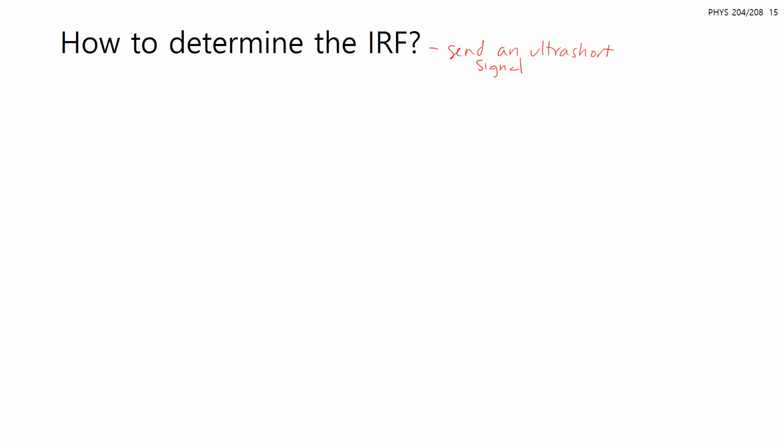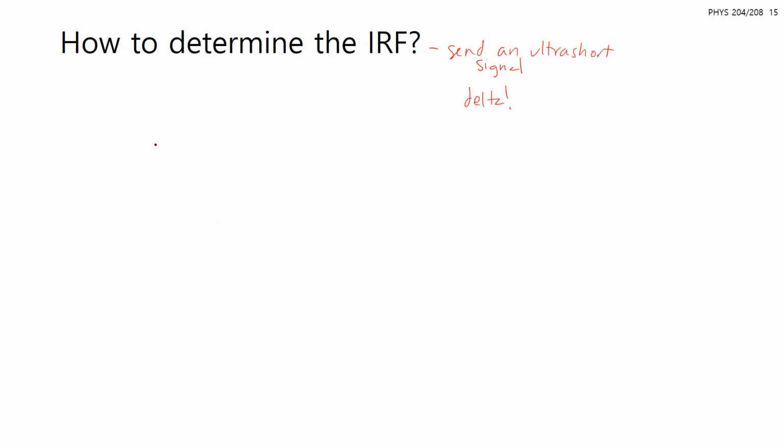What's a good example, or what did we discuss that's an ultra short signal that might be ideal for determining the instrument response function? Any ideas? The delta function? Yeah. So Jack says a delta function would be the most ideal.